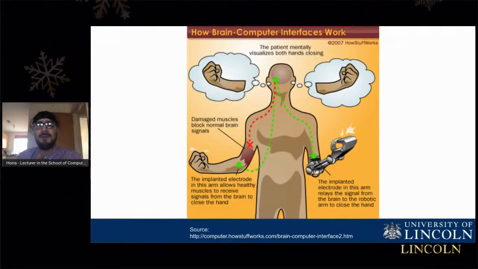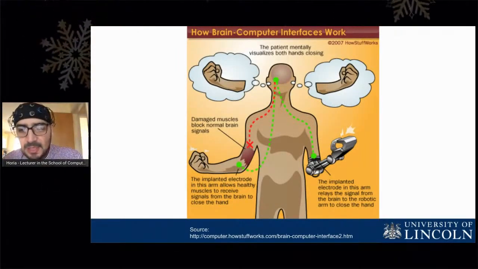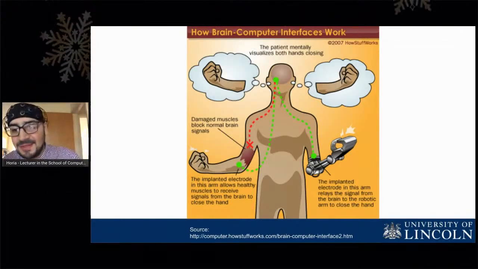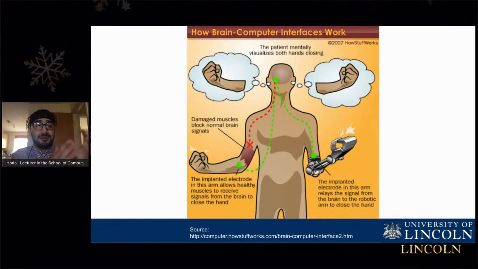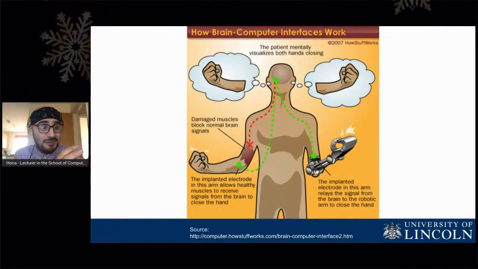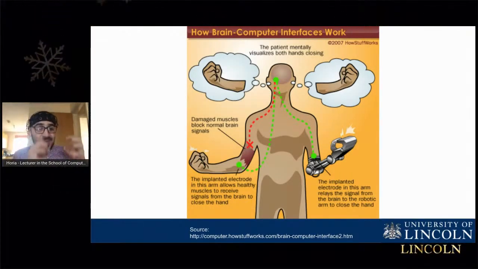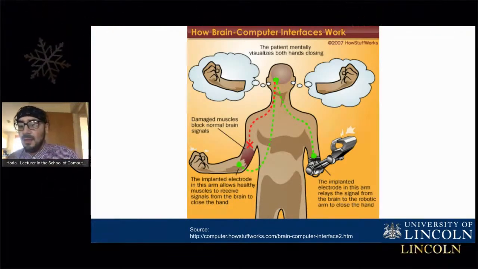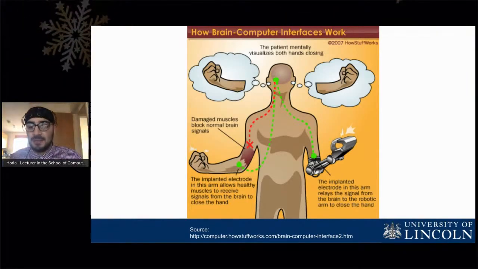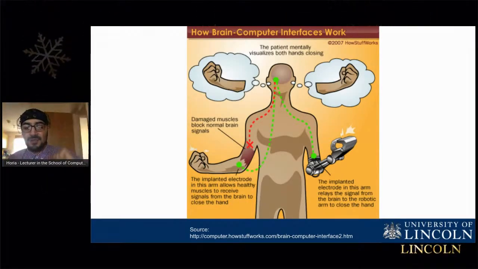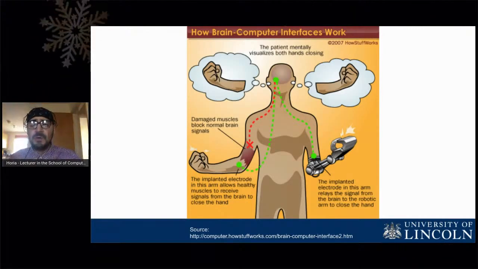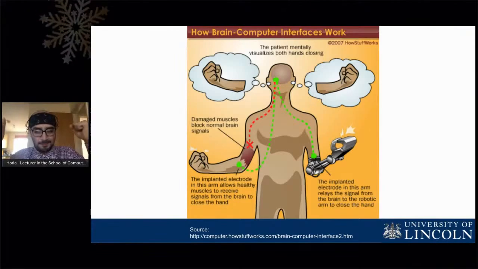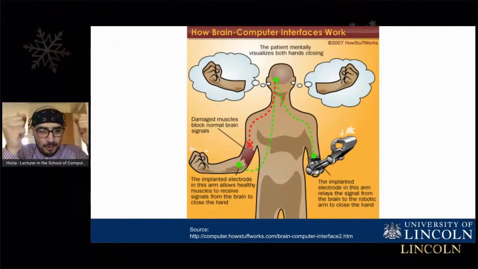So how does this BCI typically work? Well, usually using any sort of brain-computer interface technology involves a training phase where we teach an algorithm what things we want to train the algorithm for detecting, and the preparation stage. So in the image, you see a patient who's required to mentally visualize or imagine that he's closing both of his arms.